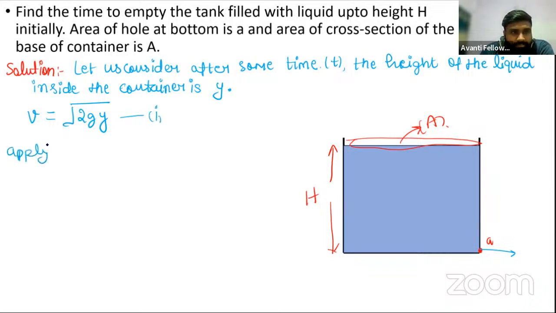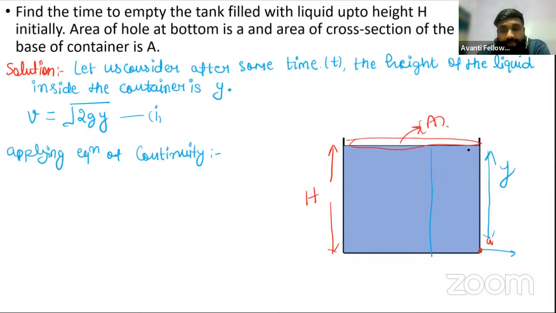Now applying equation of continuity. Okay. Because now for after time t, the height will be here is y. And this is not constant. This is continuously decreasing.